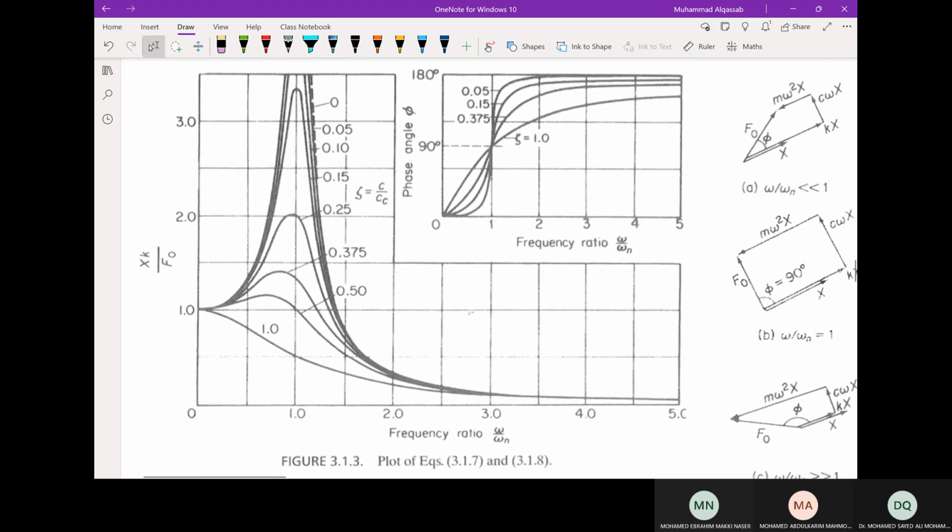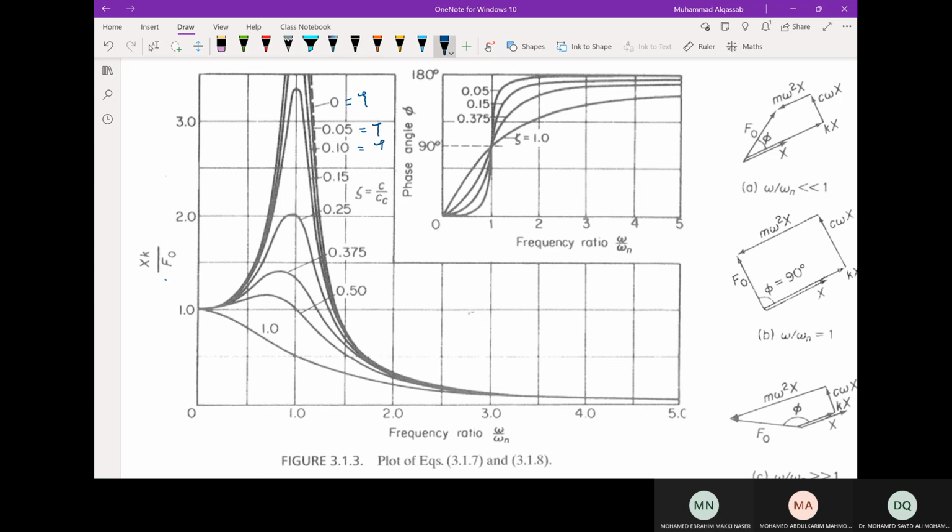Okay, this graph shows the amplitude ratio, which is kx over f naught, versus the frequency ratio omega over omega n for a given zeta. Here are some curves of some values of zeta: zeta equal to 0, zeta equal to 0.05, and zeta equal to 0.1, and so on.